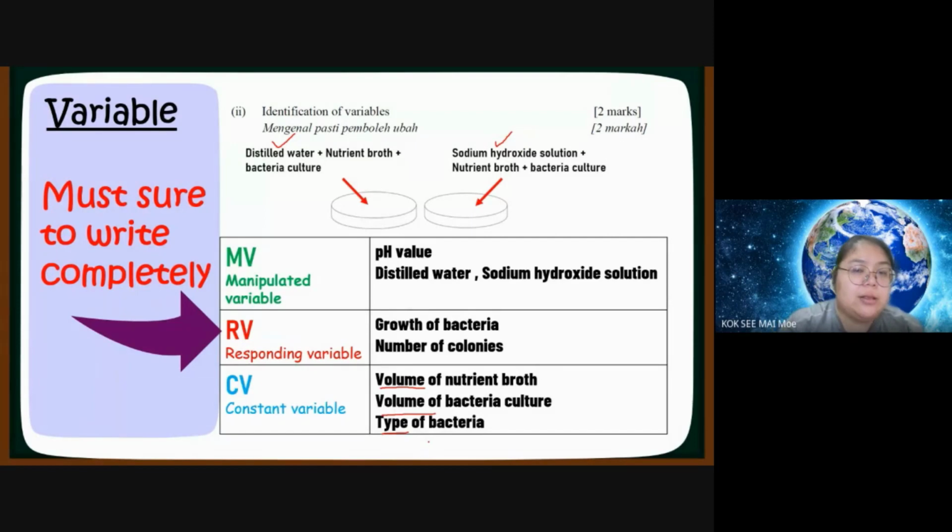You need to explain what quantity: volume of the nutrient broth. Don't say number, we don't have any number. Normally it's a liquid, so we say volume. Volume of the bacteria culture and also the nutrient broth. So this is how to write the variables for this question.